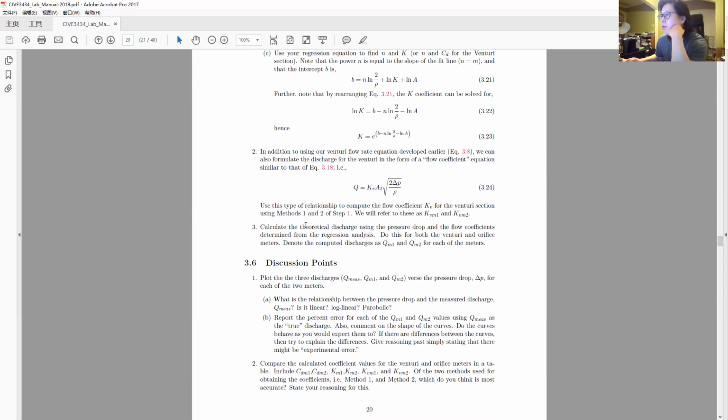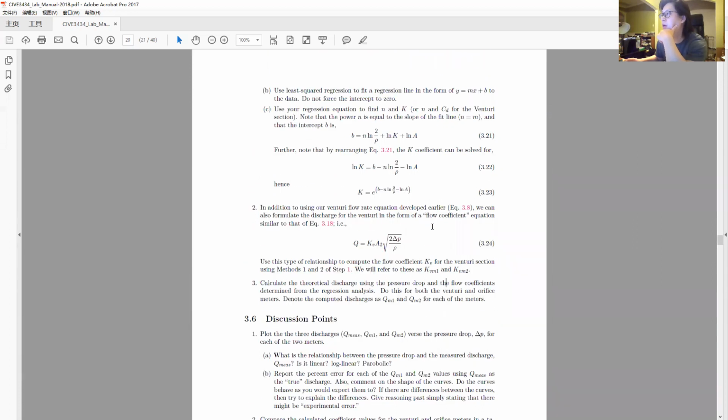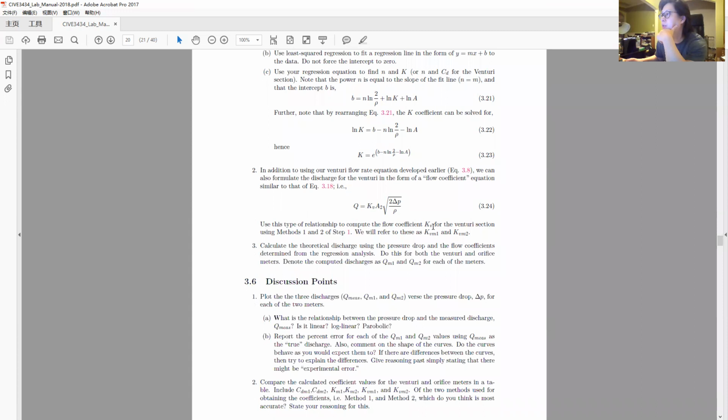Calculate the theoretical discharge using the pressure drop and the flow coefficient determined from the regression analysis. Do this both for the Venturi and orifice meters. Denote the computed discharge as QM1 and QM2 for each meter. That one is straightforward too, because you already have all the information in here.